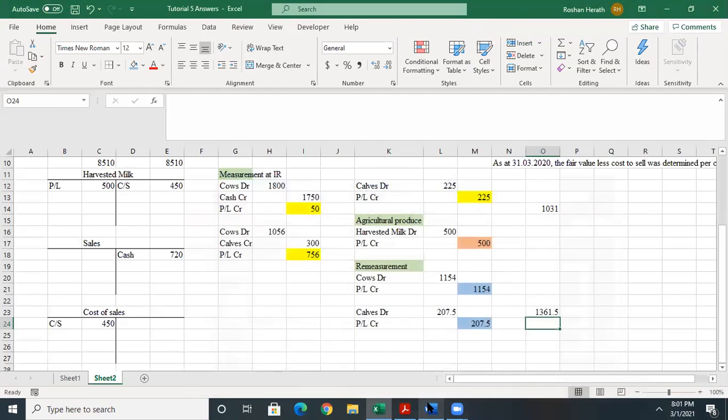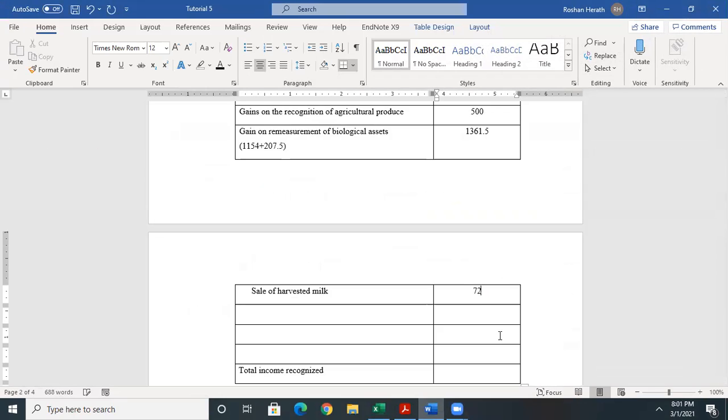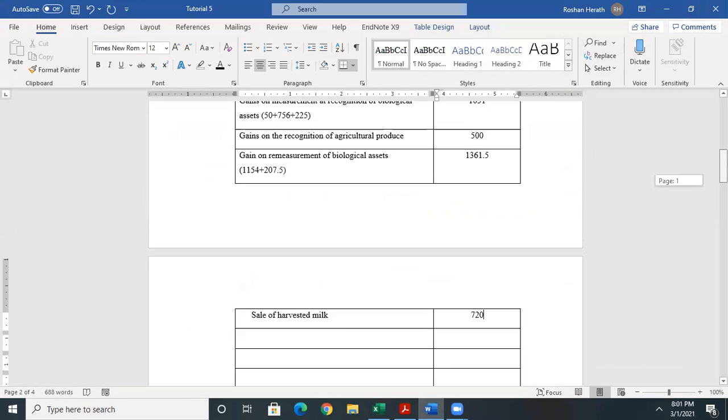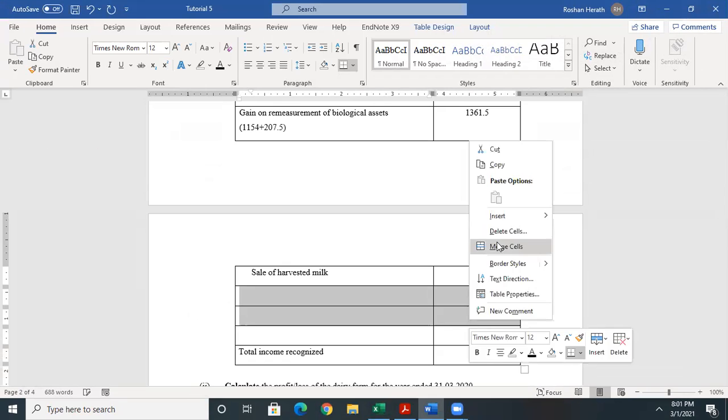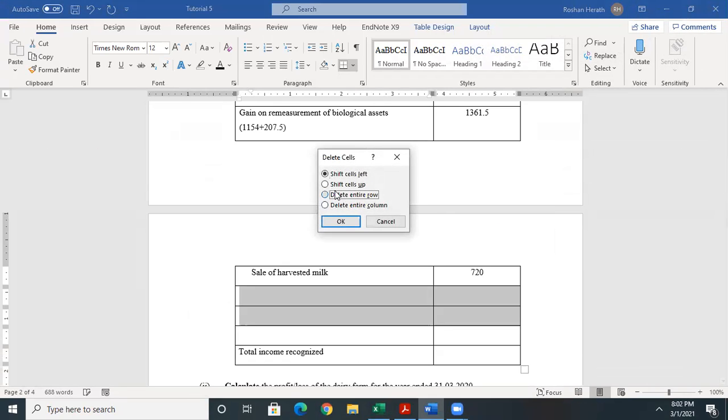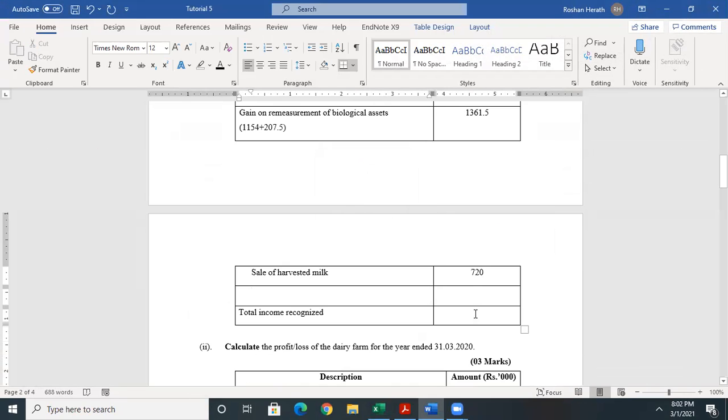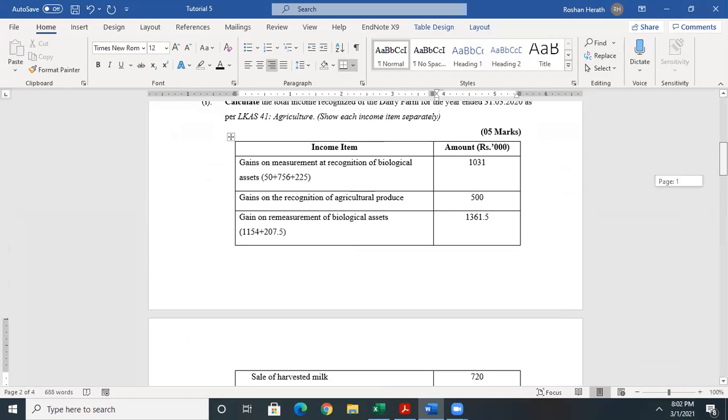So it's the agricultural produce, 720. So there is another income. Altogether, how much is your income?